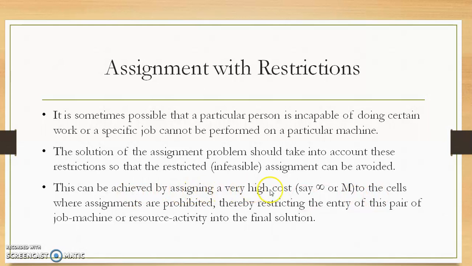If we assign a very high cost at the place of restriction, at that place in the solution we never get a zero value after mathematical operations. Therefore the assignment is not possible at these places. Assignments are restricted, prohibited, and hence in the final solution we don't get any assignment there. So this is the concept of assignment with restrictions.